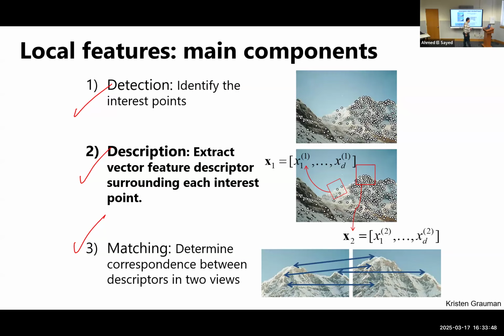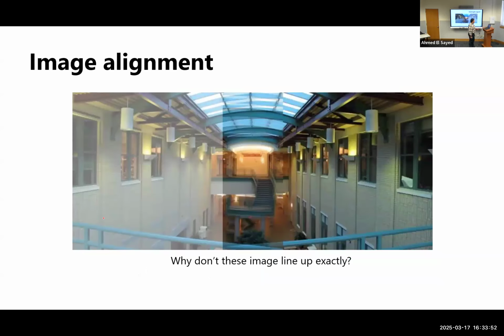Now the question is, how can we use this? Assume that I captured 2 images for some place like this. Those are 2 pictures captured for the same location, and I want to align them together to get an extended view or extended scene for the place.